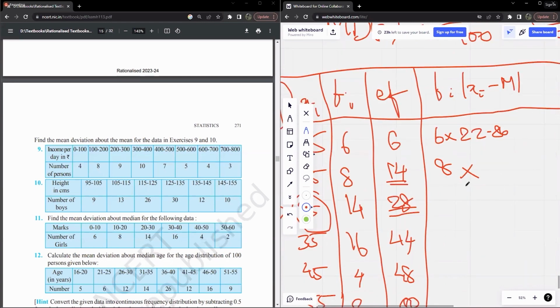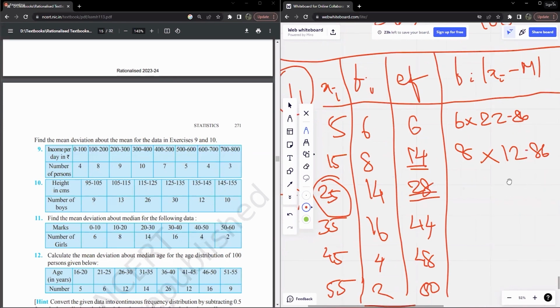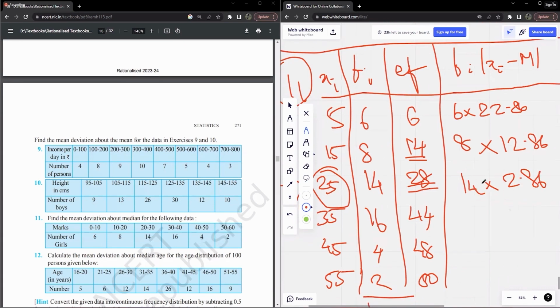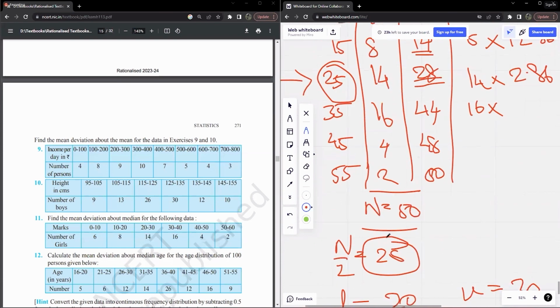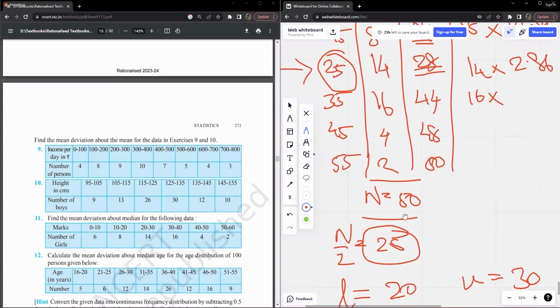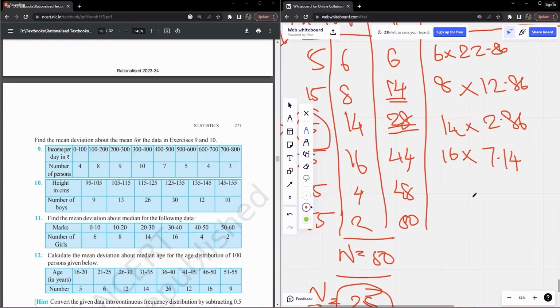Then you will have 14 into 2.86. And then you will have 16 into 35 minus 27.86, which is a plus 7.14. Then this will be 4 times 17.14. And this is going to be 2 times 27.14.